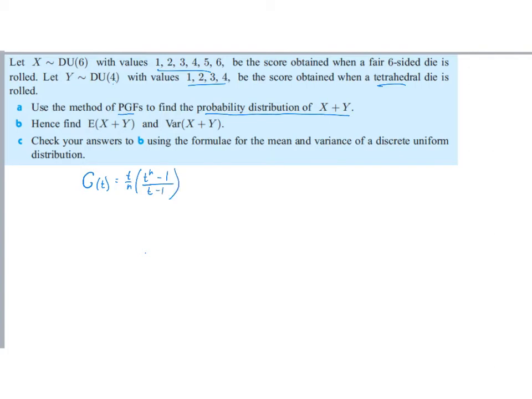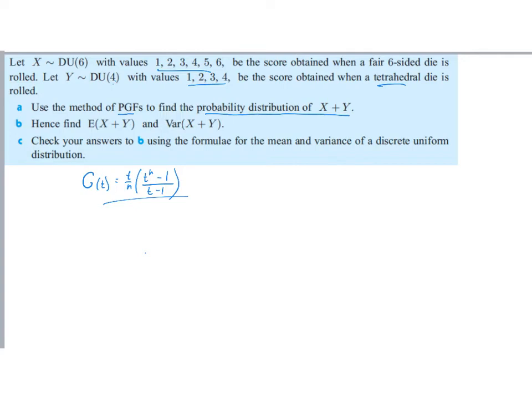If you don't remember that, don't worry too much about it. It's very likely that on an IB question, part A will actually be to show that the PGF of a discrete uniform variable is so-and-so, and so you'll be given that. Yes, you'll need to use all the stuff that we learned in the previous couple of lessons to get that, but I hope you're getting comfortable with that PGF material by now. So we'll move on and say that's given to us.